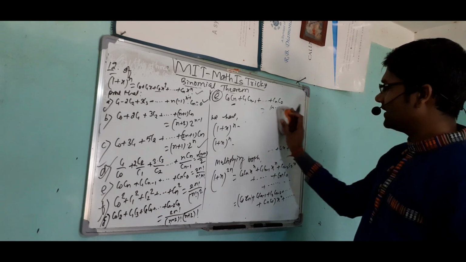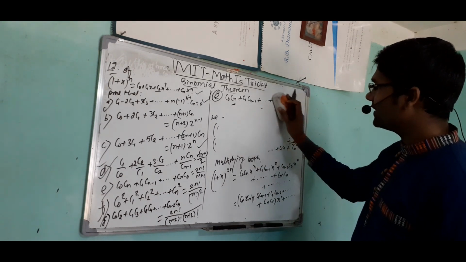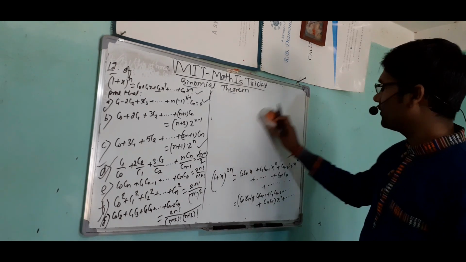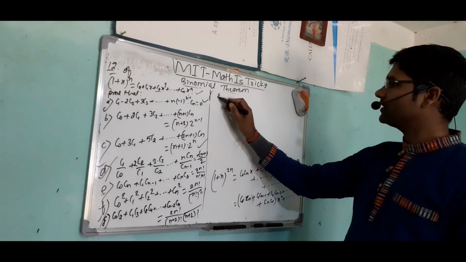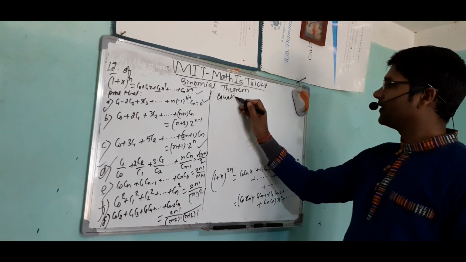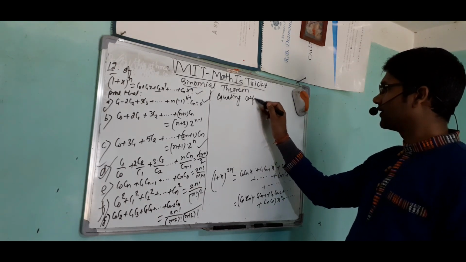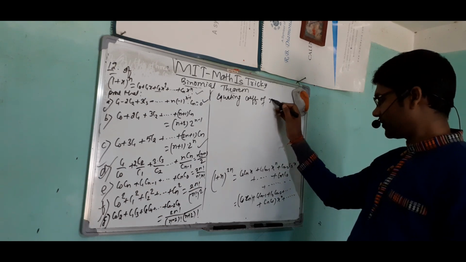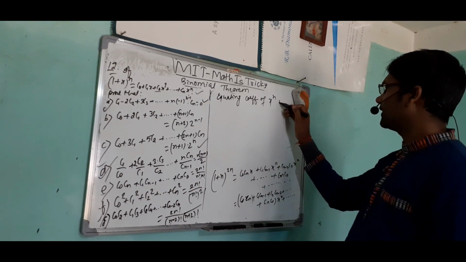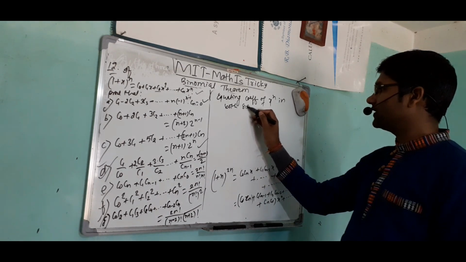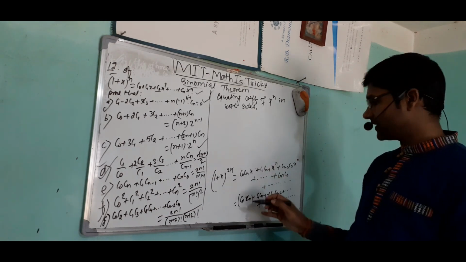Now this is an identity, and if we equate the coefficient of x^n on both sides, we must get the same thing.